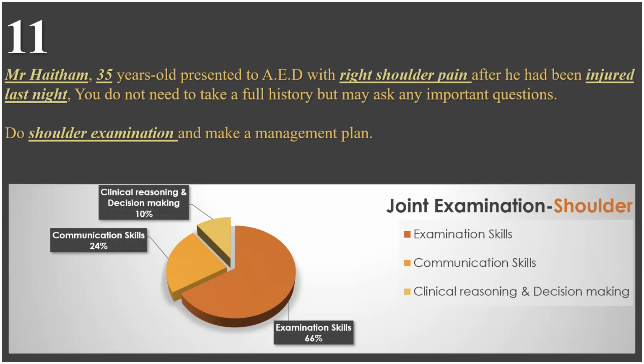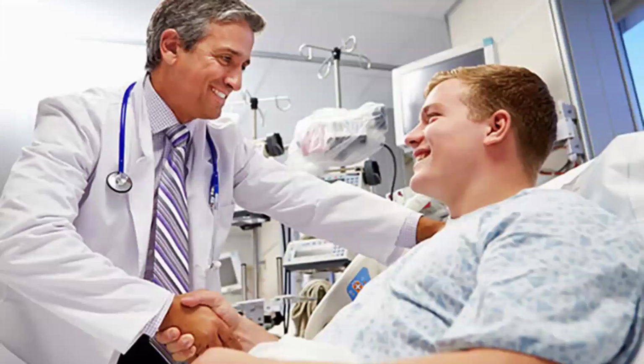Okay, so today I'm here to examine your shoulder. This would involve looking, feeling, and some movements. For this examination, you would need to undress your t-shirt. Okay, is that okay? Okay, so I'll start by looking. I'll look at both shoulders from the front, back, and sides for any abnormalities. Okay.